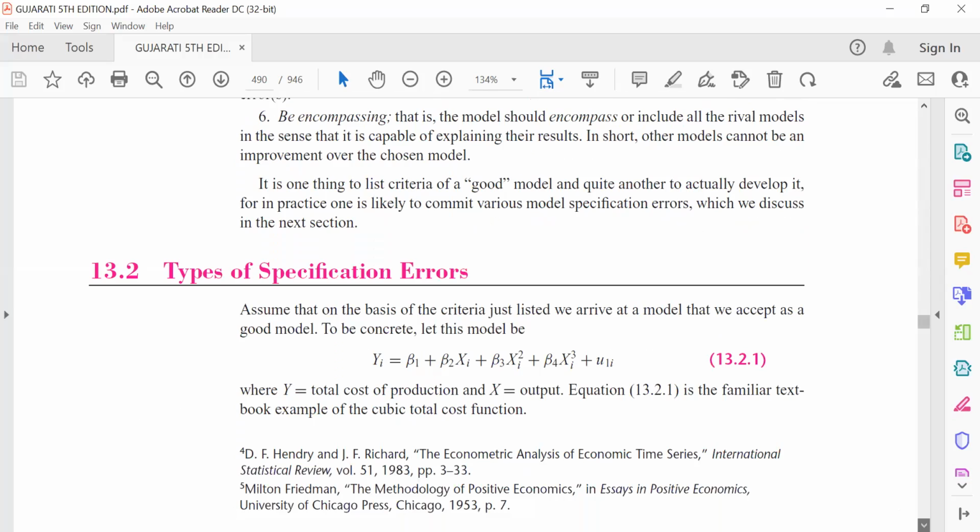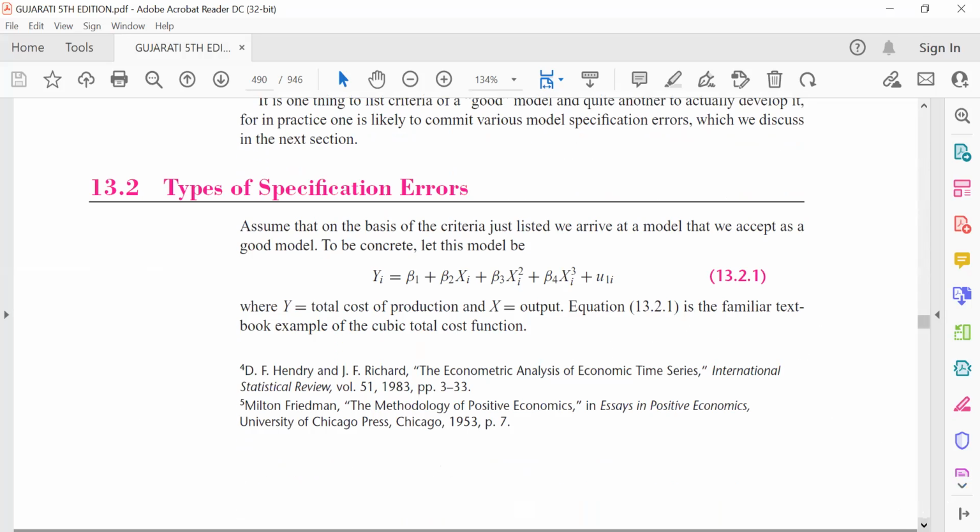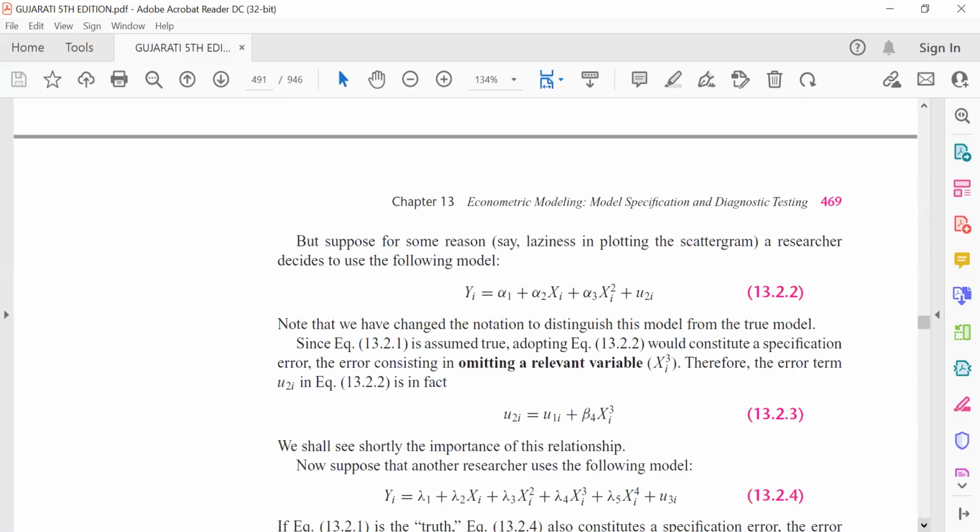Types of specification error. Assume that on the basis of the criteria just listed, we arrive at the model we assume as the good model. To be concrete, the model is like equation 13.2.1, where Y is total cost of production and X is output. We have a cubic model here.